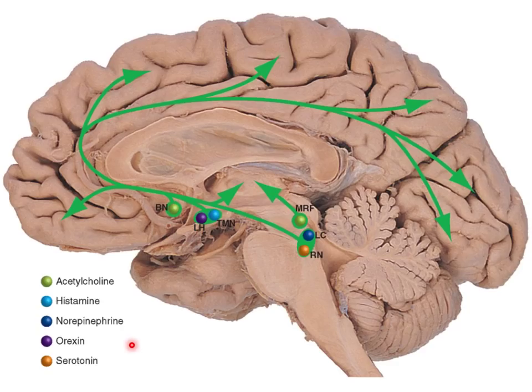We see in this midline, mid-sagittal section, some important nuclei for us to recognize, and that is the raphe nuclei, the locus ceruleus, the midbrain reticular formation, some hypothalamic nuclei, and the basal nucleus of Meynert.